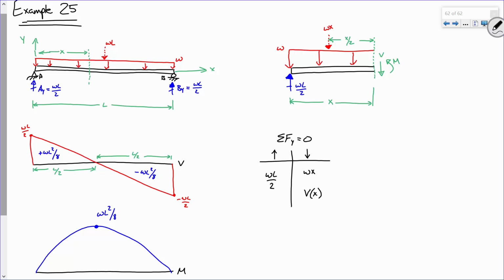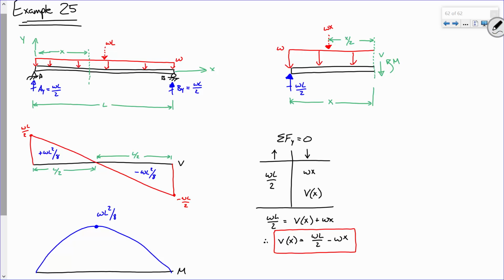It doesn't matter. So I propose that's your shear equation, right?